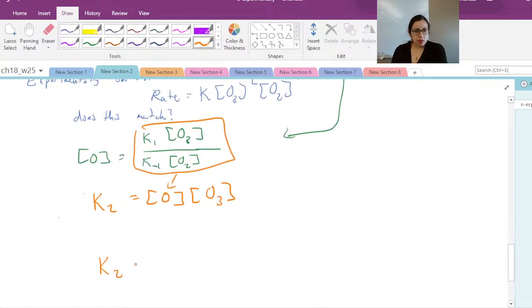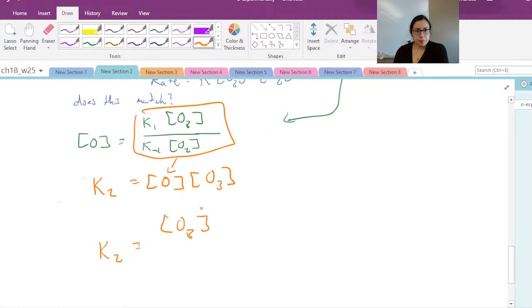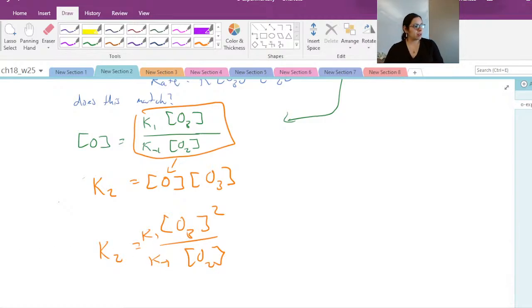So now just rewriting, so then our rate law is dependent upon, so now we have ozone squared times our O2, and then obviously K1, K negative 1, which we can get rid of.